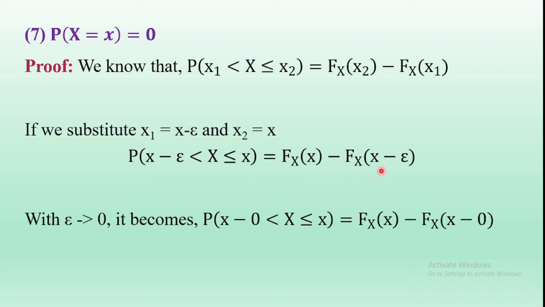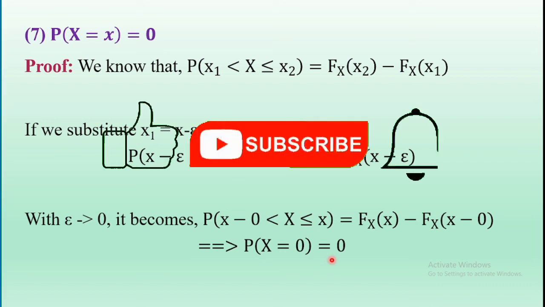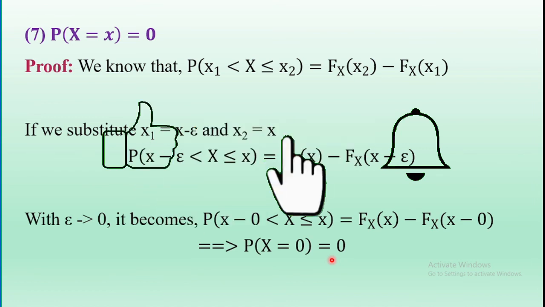In this equation, substituting epsilon equal to 0, we get probability of X equal to x is 0. So these are some important properties of the cumulative distribution function of the random variable.